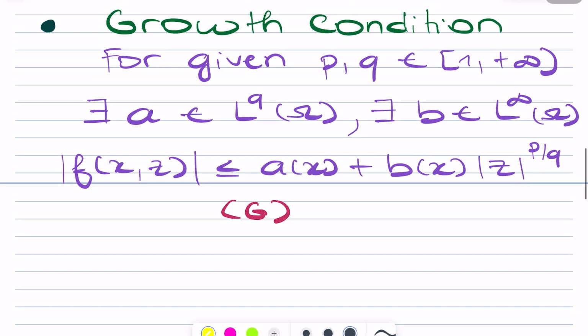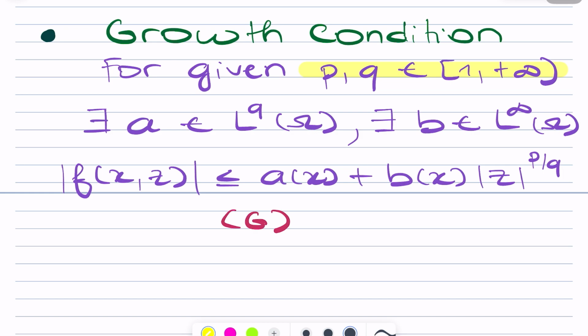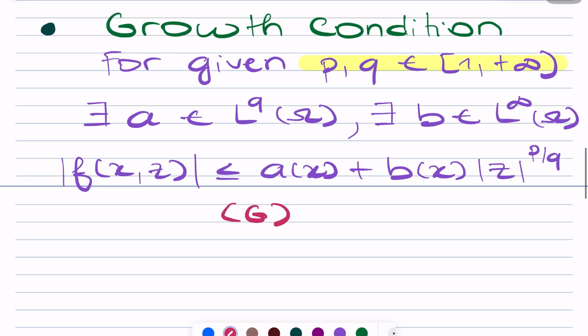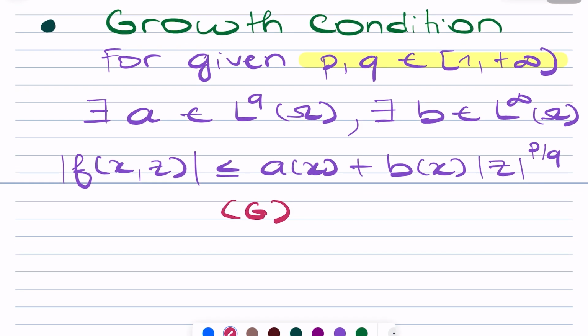Again, let me just highlight the fact that we need p and q to be in [1, plus infinity). You can still define this growth condition if p is less than infinity and q is plus infinity. But if p is plus infinity and q is less than plus infinity, you have an issue. This growth condition is weaker, because we could require that F is actually in L^q, but that is stronger.